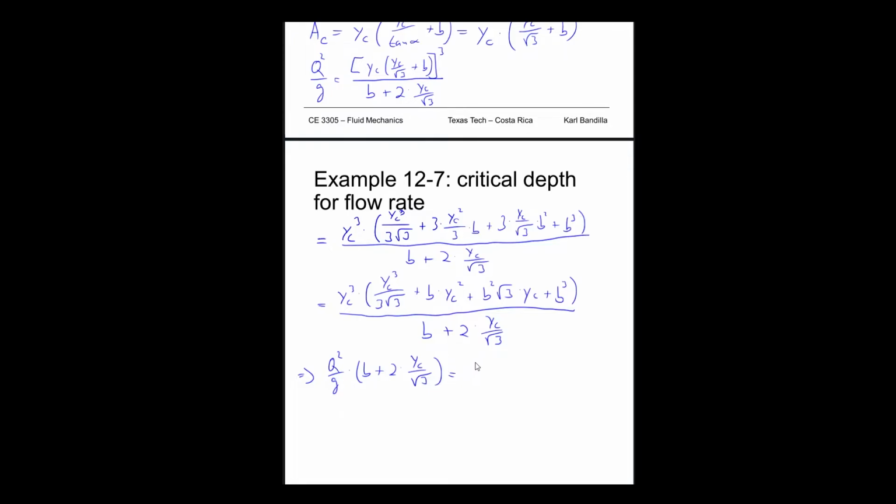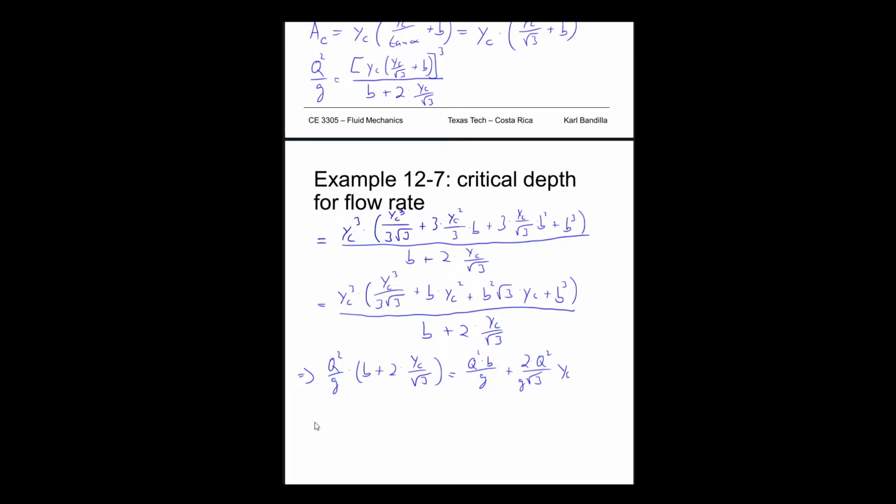So that would be equal to q squared times b over g, that's the first one, plus 2 times q squared over square root of 3 times, I'm using a g, times yc, just yc.